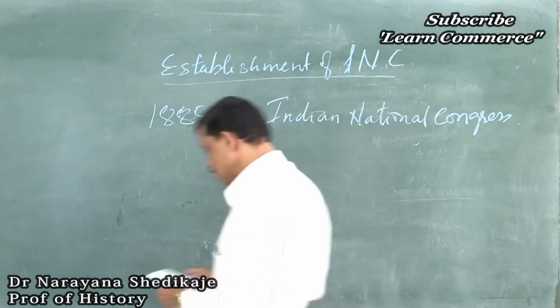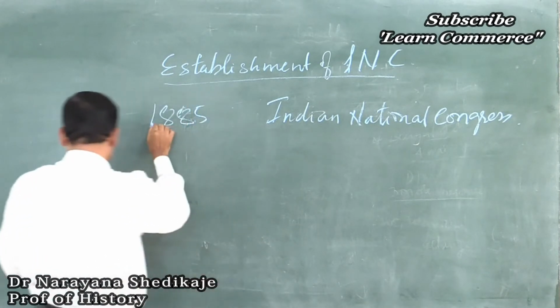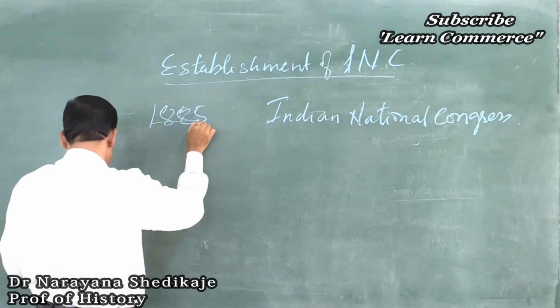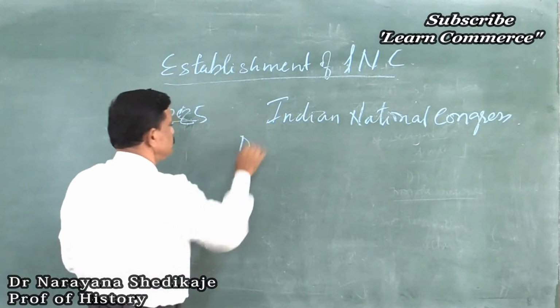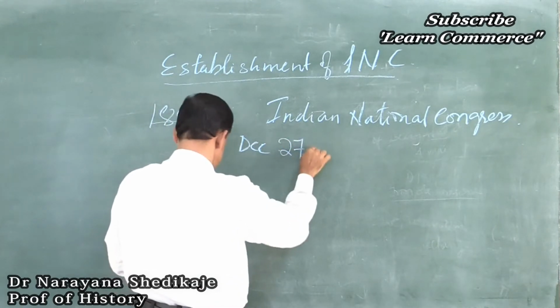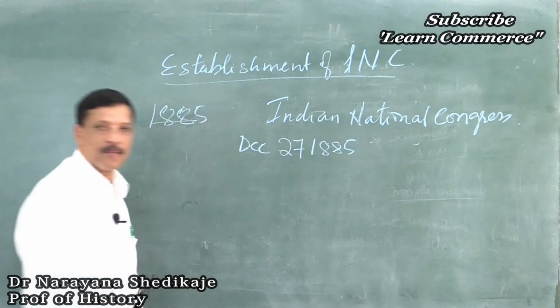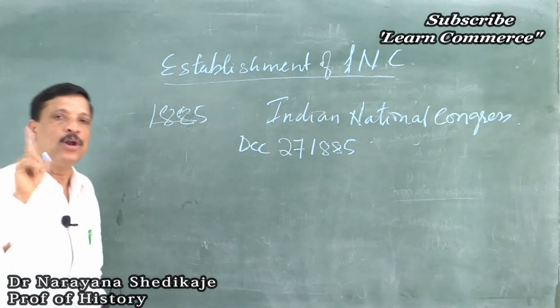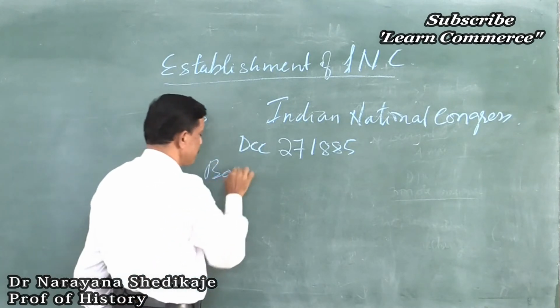So the Indian National Congress was established on December 27th, 1885. For the first time, an all-India political organization was established, in Bombay.